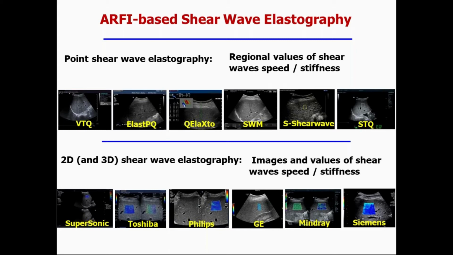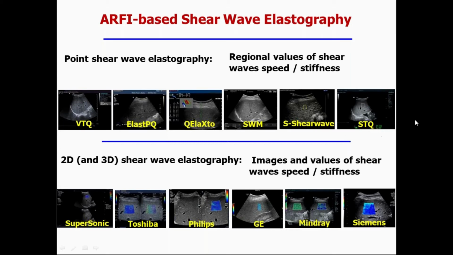Using point shear wave elastography, the assessment of the stiffness or the velocity of the shear wave is made at one point. There is a regional value of shear wave stiffness or speed. Instead, using two-dimensional shear wave elastography, images of the elasticity are also obtained.